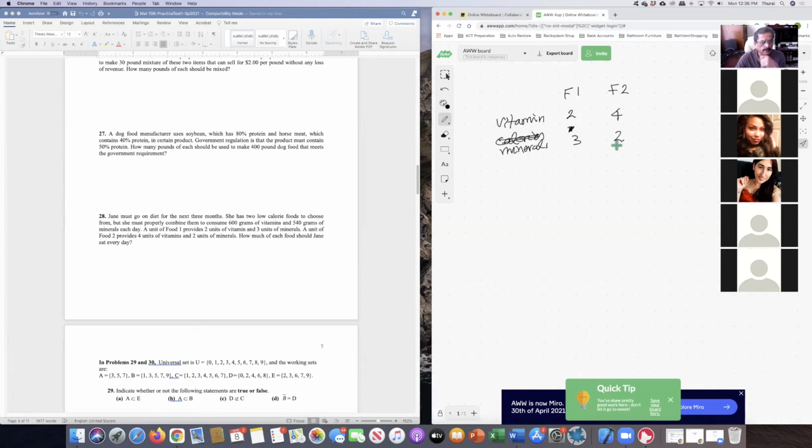Now the question is how much of each food she should eat so that she will get the required vitamins and minerals. So let's write down those required numbers across the vitamin and mineral rows. Across vitamin row, we need to write down 600. That's the required vitamin. Required mineral is 540.